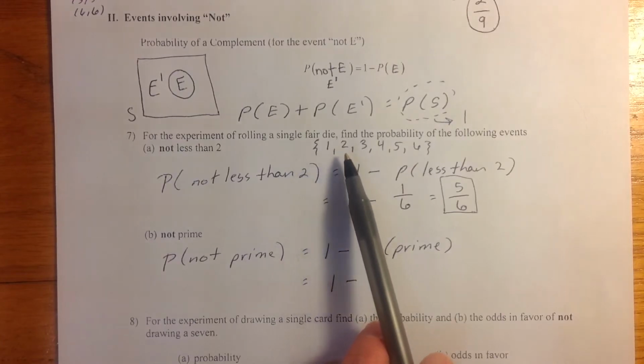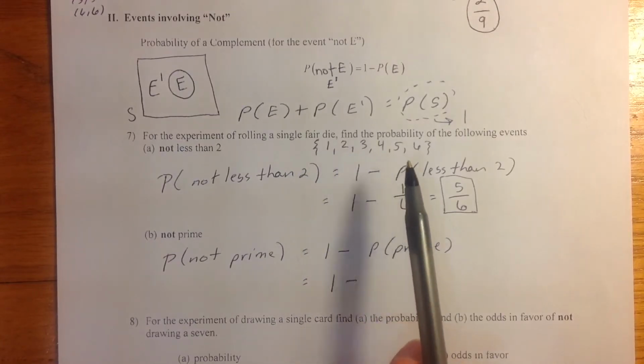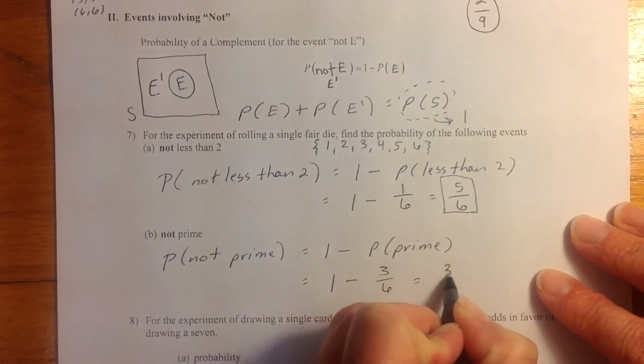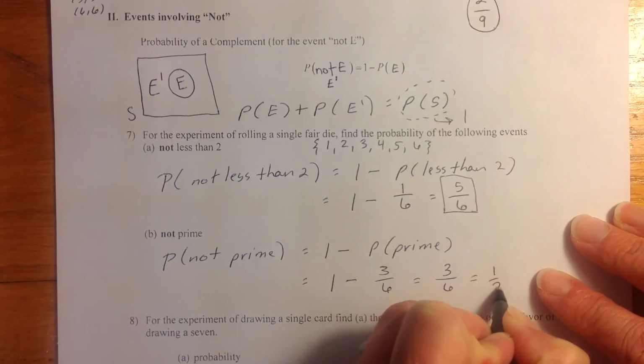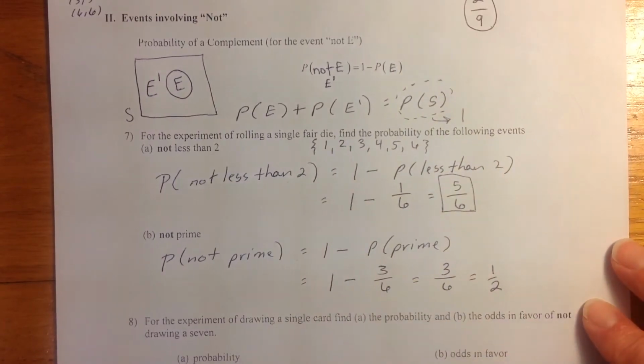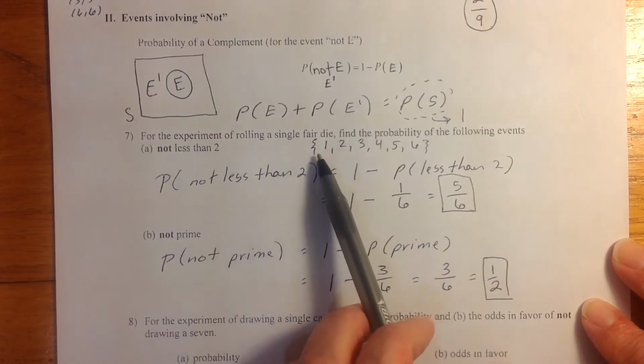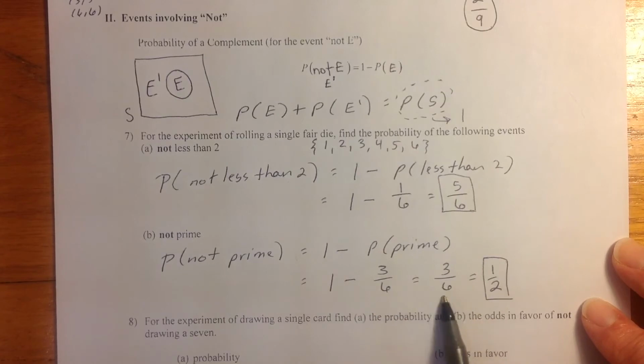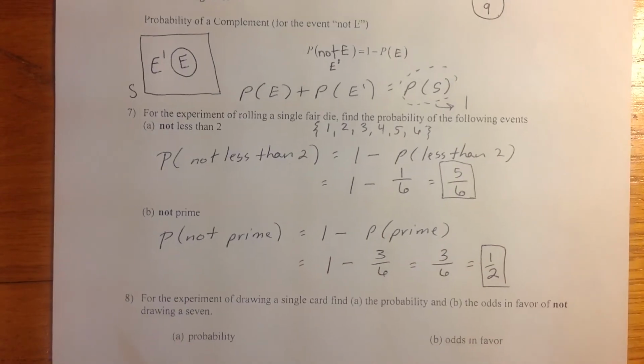So the prime numbers are 2, 3, and 5. So we would say 3/6. So 1 minus 3/6 is 3/6, or half of the numbers are not prime. Now again, you could have directly looked at it and said 1's not prime, 4's not prime, and 6 is not prime, and gotten right to 3/6.